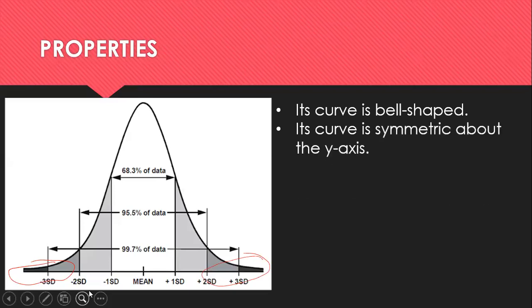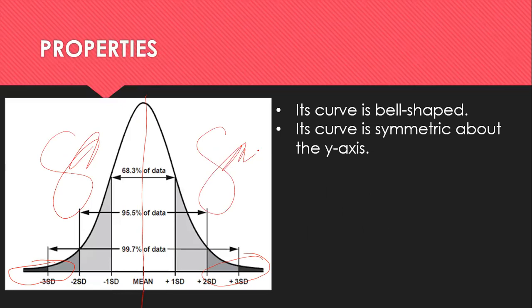Its curve is symmetric about the y-axis, meaning if I am to draw a line on the center, sorry for my not straight line, the left side here is equal to the right side. Ayan, symmetric.